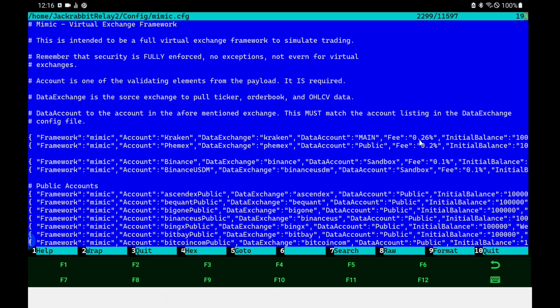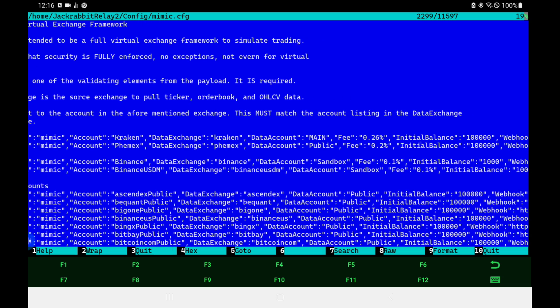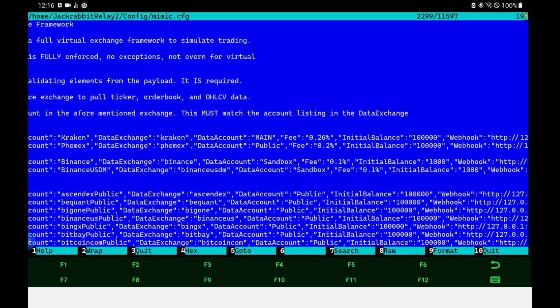And the fee. Something to be aware of is that you can tell it exactly what the fee is that you want to work with. And of course, you have the initial balance of the account. You can define how much actual balance you want in the account so that when it sets up the simulated wallet, every quote currency will be given this balance.